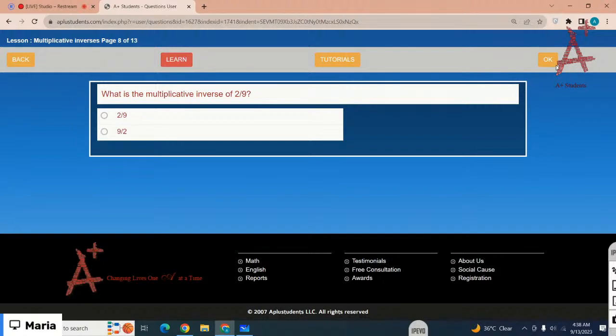What is the multiplicative inverse of 2 over 9? That would be 9 over 2. What is the multiplicative inverse of 10 over 3? Very good. That would be 3 over 10. The correct option is 3 over 10.